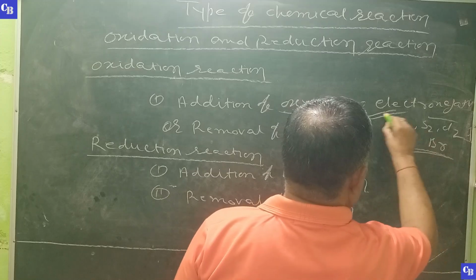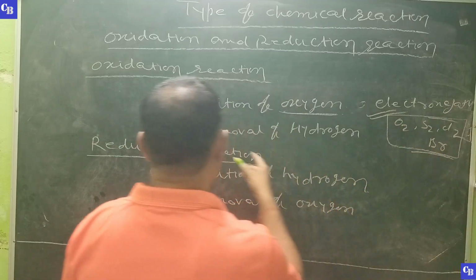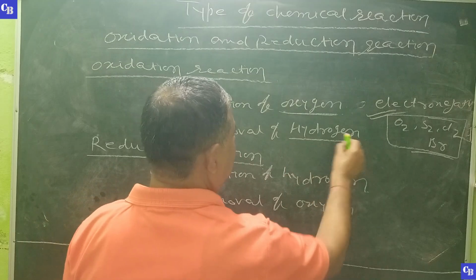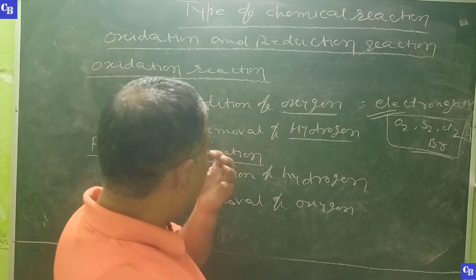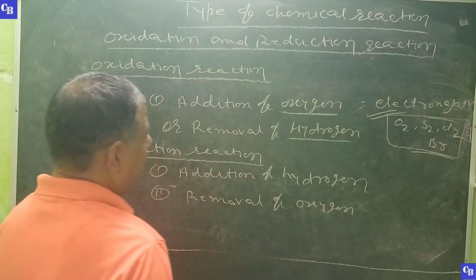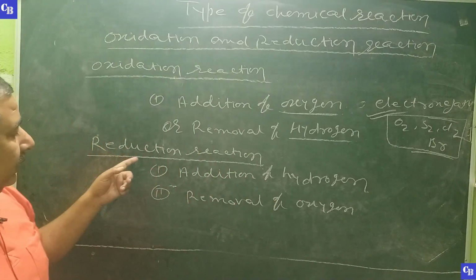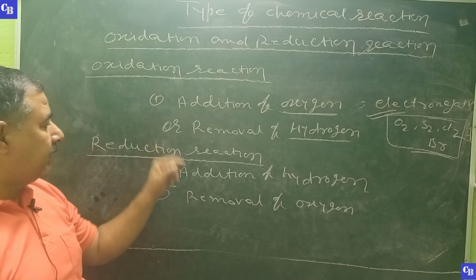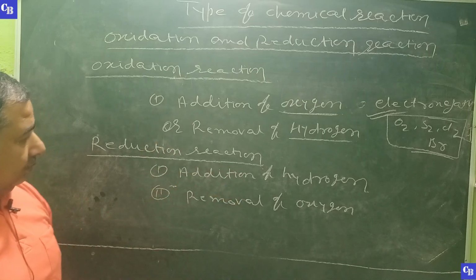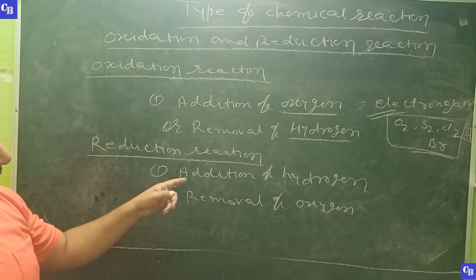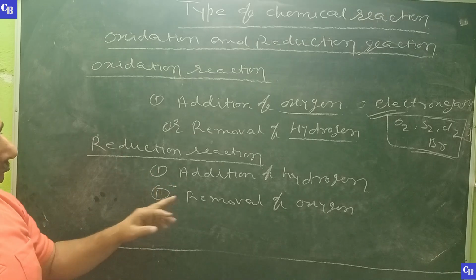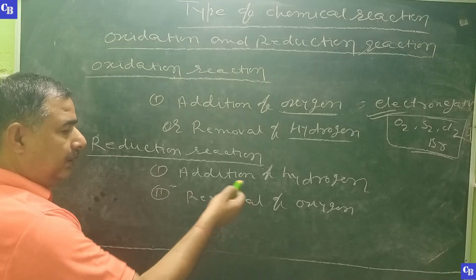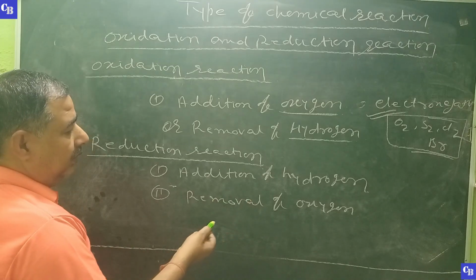These are electronegative elements. And hydrogen is an electropositive element. So oxidation is also defined by removal of an electropositive element. Similarly, reduction is defined just the opposite: addition of an electropositive element, or removal of an electronegative element, is called reduction.